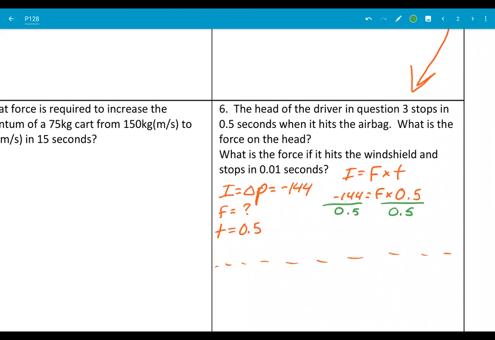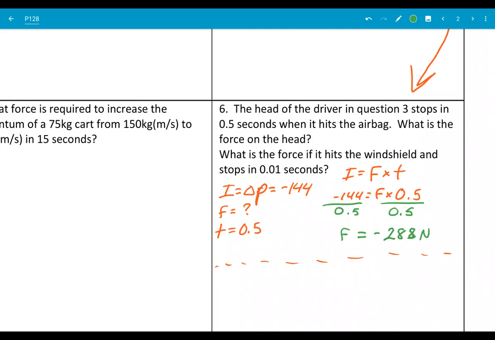You know, you go 144 divided by 0.5, and you get a force of negative, what is it? 288 newtons. Why isn't my screen working? 288 newtons to the left.